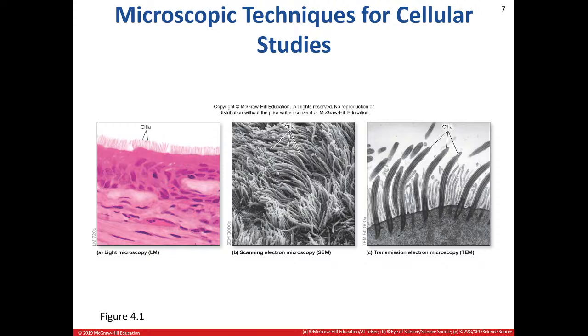In the middle is a scanning electron microscope, which gives us that three-dimensional image. This is zoomed in on the cilia. And then the transmission electron microscope gives us another two-dimensional image, again of the cilia, but we can get it in really high detail.